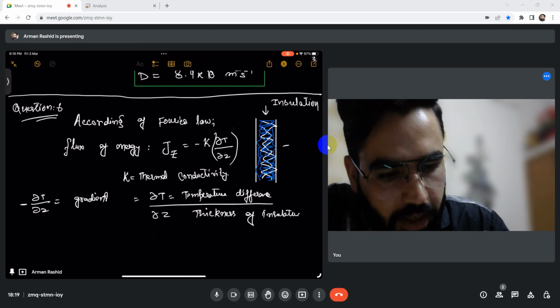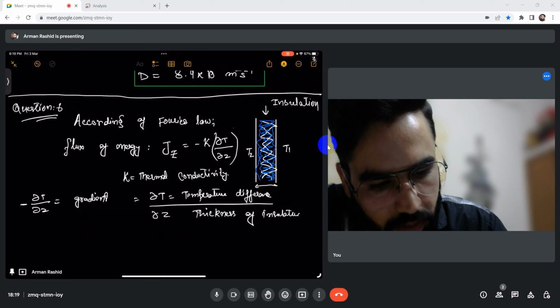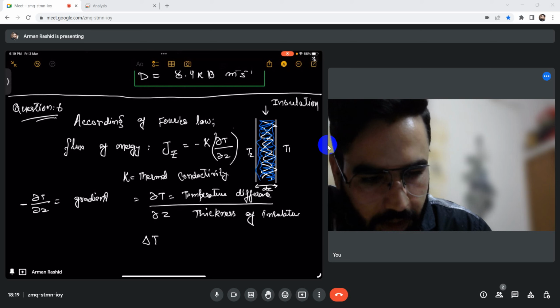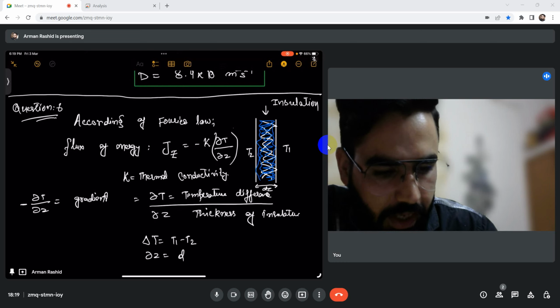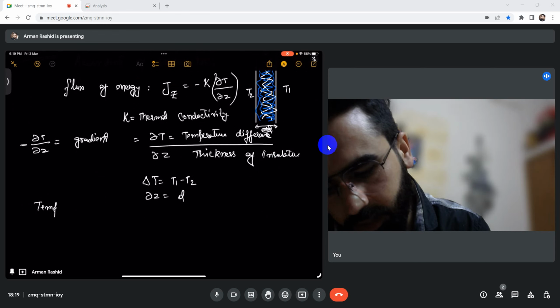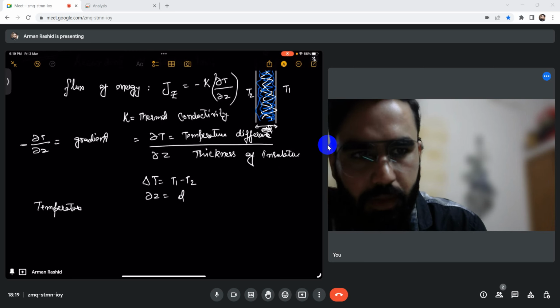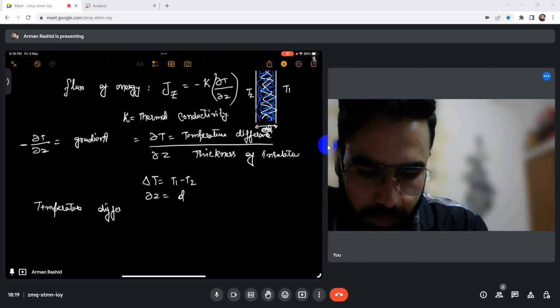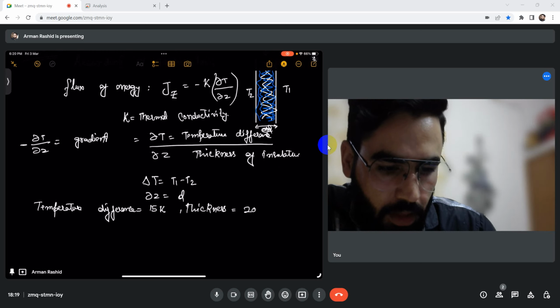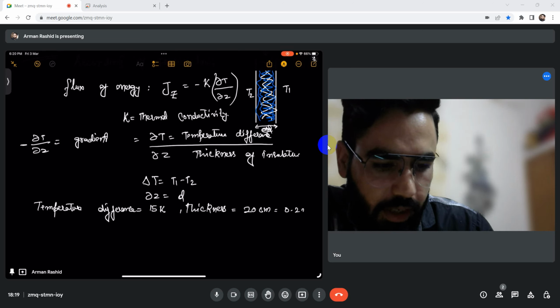If I write T1 and T2, and from here to here it is dz, then delta T will be T1 minus T2, and delta Z will be the thickness, which we'll call D. In the question it is given that the temperature difference, delta T, is 15 Kelvin, and the thickness is 20 centimeters, or 0.2 meter.